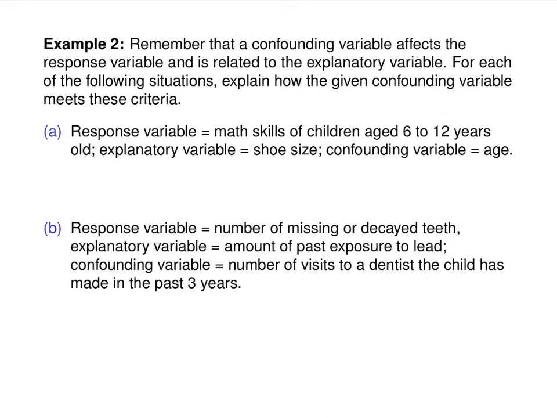Age affects the response. Yes, age definitely affects math skills. And also it's related to the explanatory. Is age related to shoe size? Yes, age is related to shoe size.